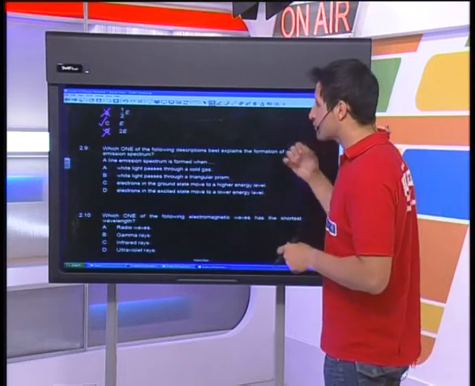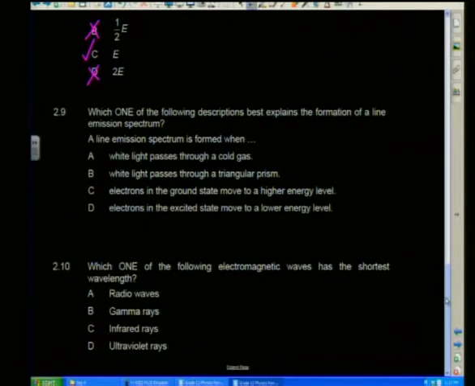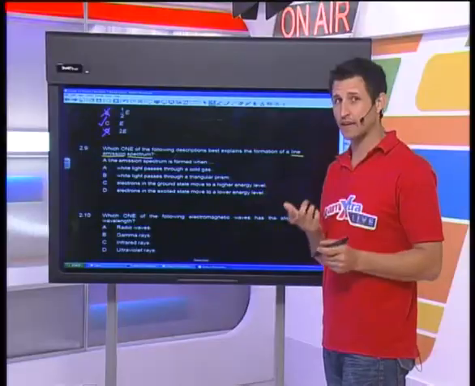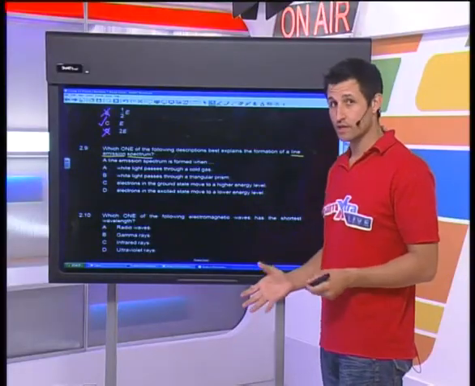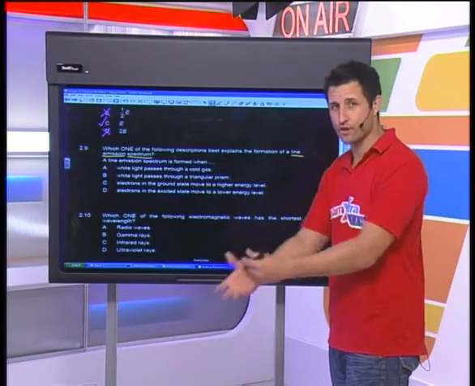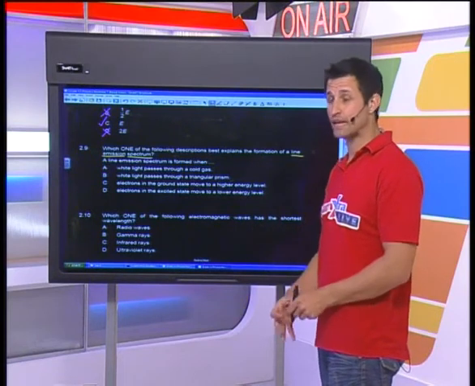Okay, so which one of the following descriptions best explains the formation of a line emission? Okay, so let's just make sure that we know what we're talking about. A line emission spectrum. Emission is a process of giving off a photon when an electron relaxes.